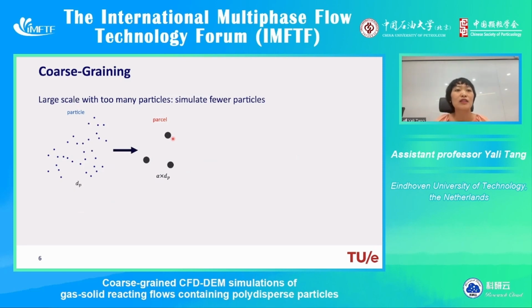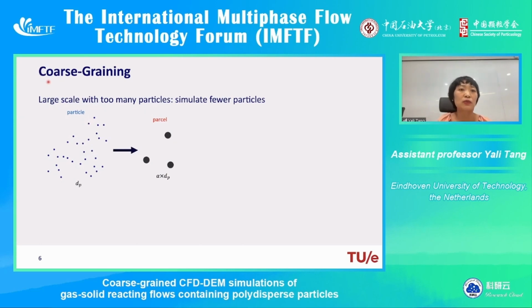In this case, tracking particles individually poses numerical challenges for the simulation. So the aim of model reduction here is to simulate fewer particles while trying to maintain the accuracy. This is the so-called coarse-graining approach.